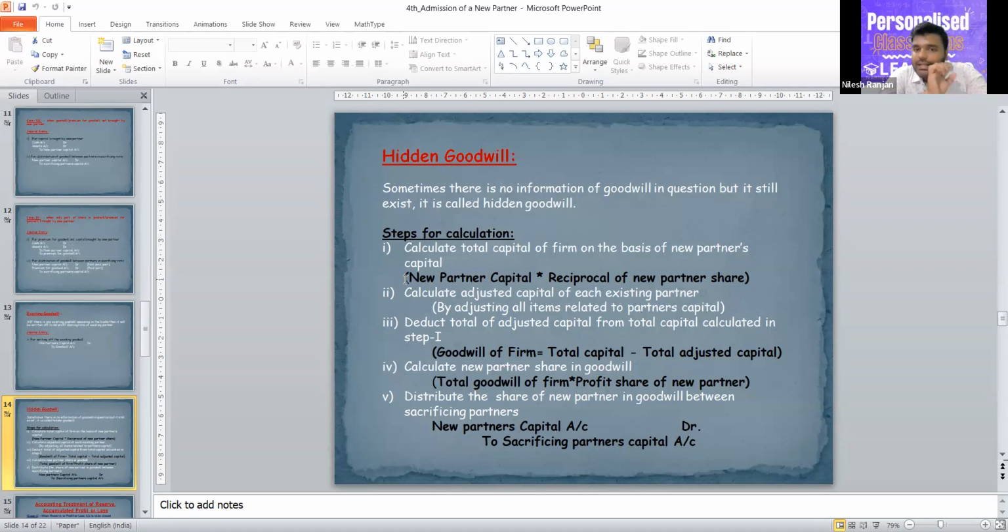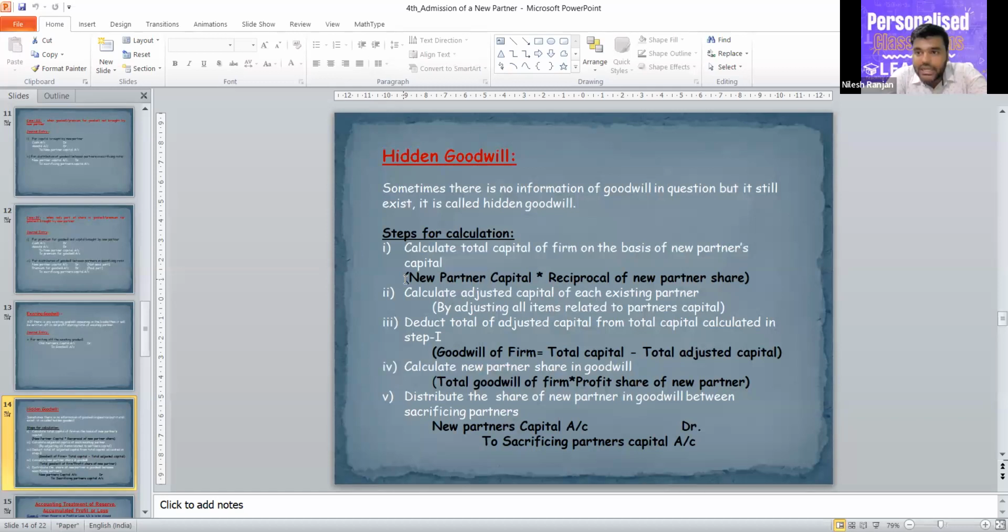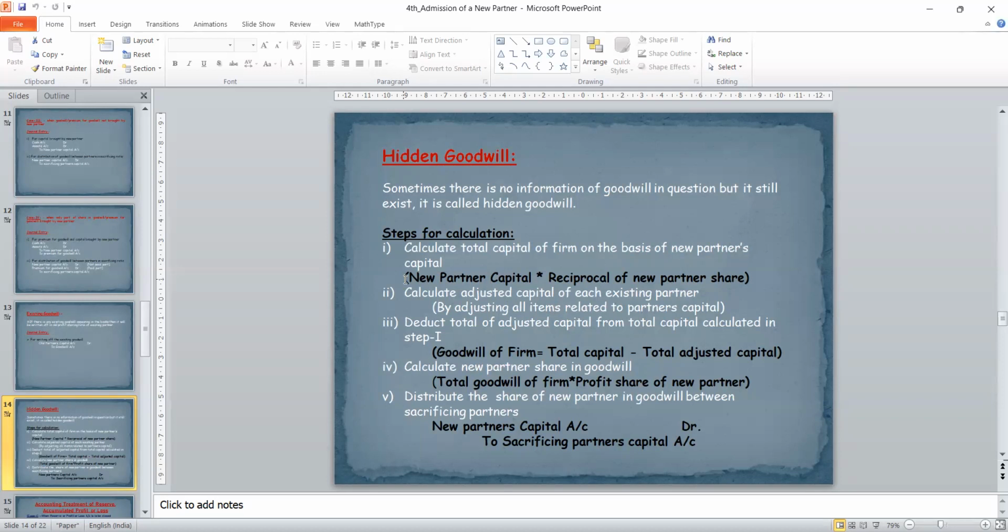We have to calculate the difference between actual capital and proportionate capital. So how much capital should be and how much it actually is. So total capital minus total adjusted capital.